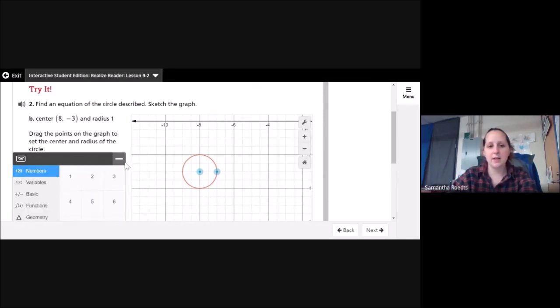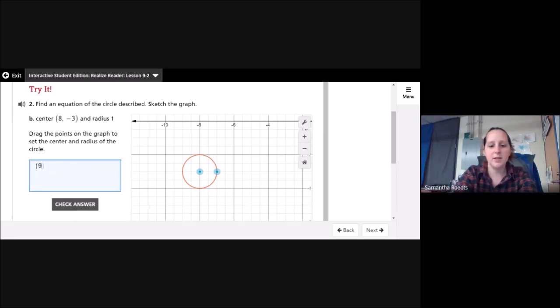My center is 8, negative 3, radius equals 1. So I have (x minus 8) squared plus (y, remember that minus 3 becomes a plus 3) squared equals 1 squared, which is just 1. So (x minus 8) squared plus (y plus 3) squared equals 1.